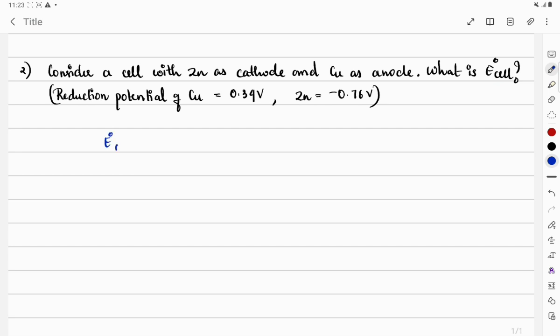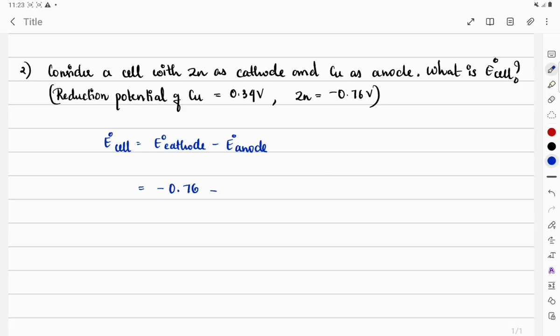You know, E0 of cell is E0 of cathode minus E0 of anode, given that both are reduction potentials. So what is E0 of cathode? Cathode here is zinc and the reduction potential of the cathode is minus 0.76 volt.